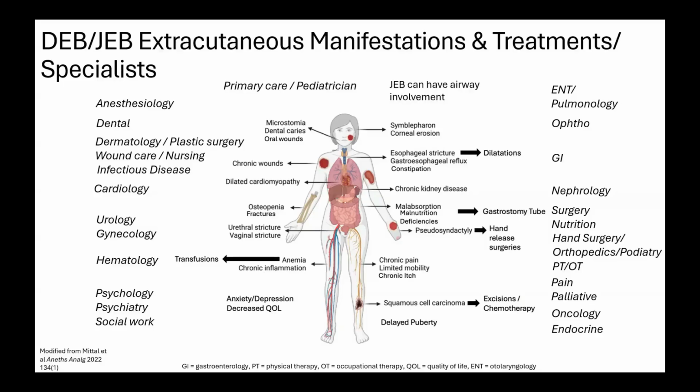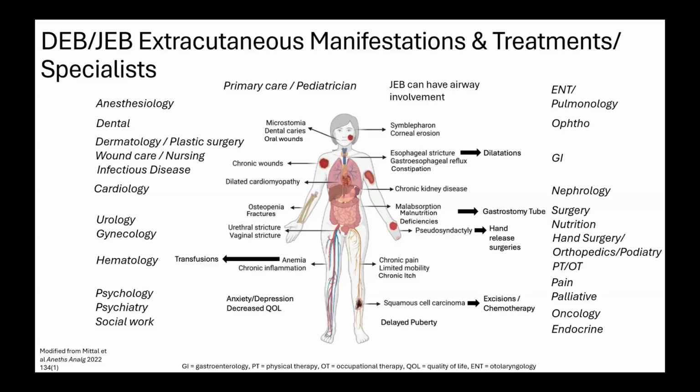Junctional patients can have airway involvement, so you need ENT and pulmonology. Sometimes you need a cardiologist. We very heavily rely on our GI colleagues because some of our patients can have esophageal strictures and they need dilatations. They can have reflux, constipation.